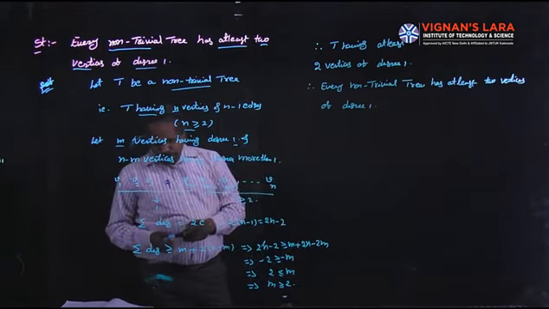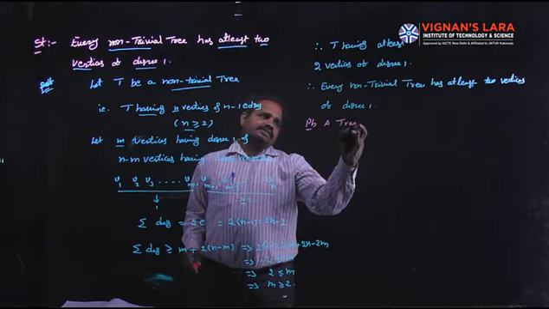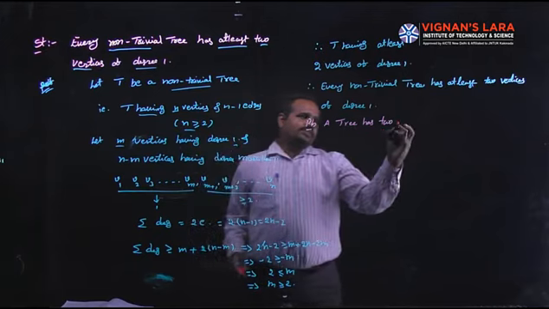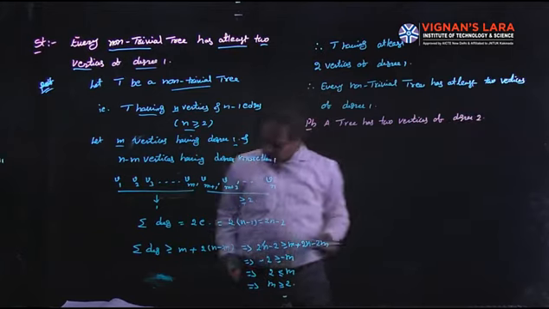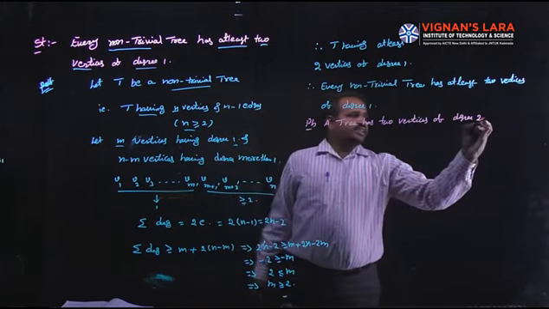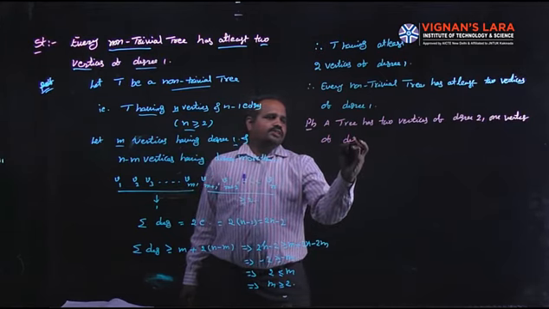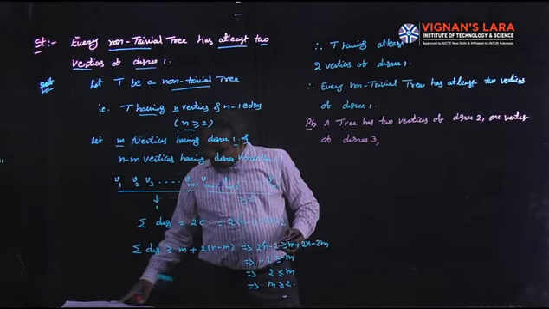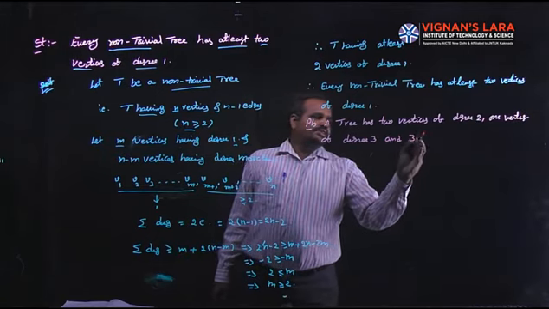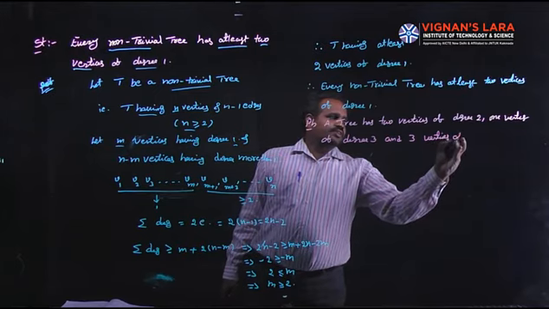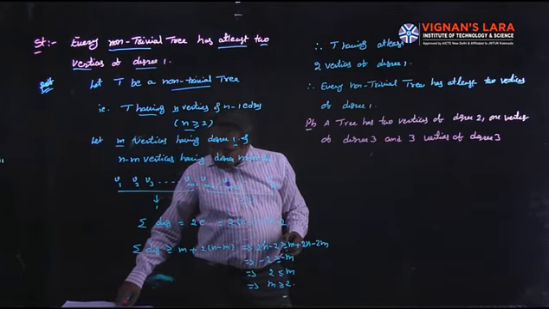Now we are going through a problem. So what is that problem? A tree has 2 vertices of degree 2, 1 vertex of degree 3, and 3 vertices of degree 4.